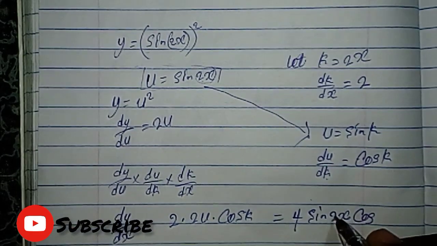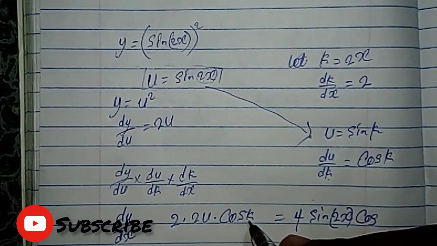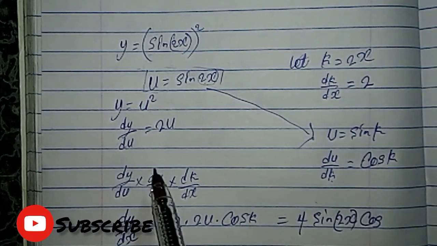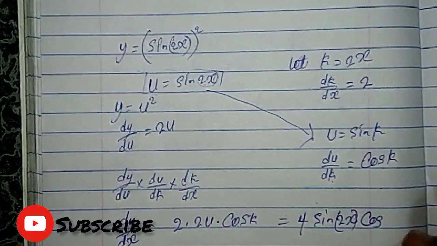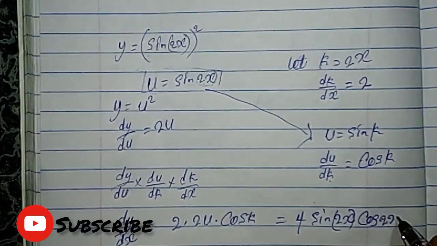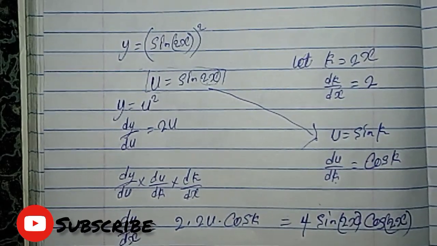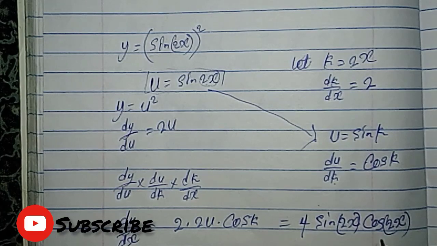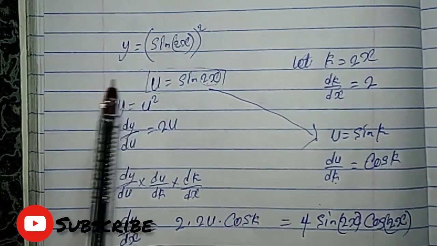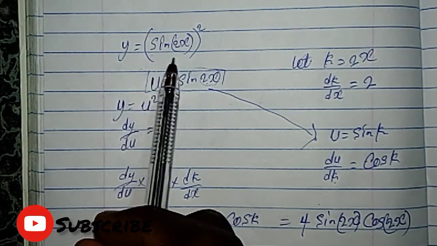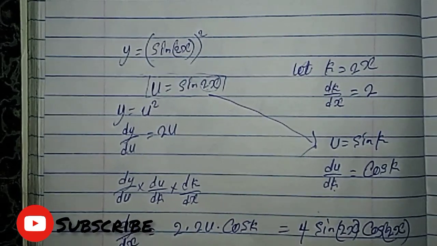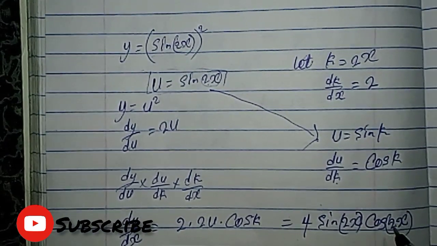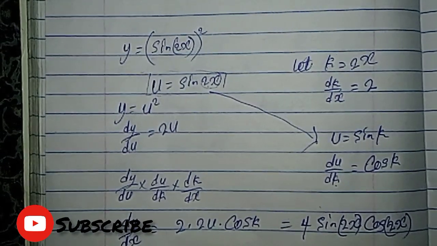Cos k from this is cos 2x. So the answer to the question is 4 sine 2x cos 2x. That is, when you differentiate sine 2x all raised to the power of 2, you would have 4 sine 2x cos 2x.